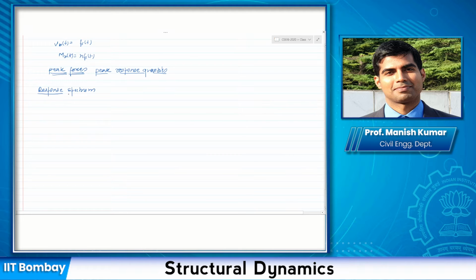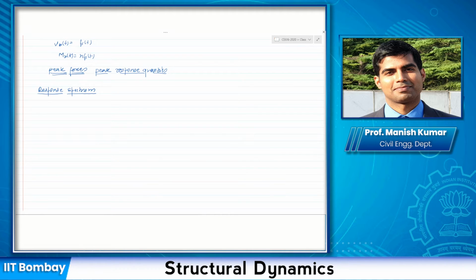In the previous classes we defined the response spectrum as the plot of peak responses of all possible linear single degree of freedom systems subject to a particular excitation. In that case it was not a ground motion but some pulse excitation or a ramp excitation.